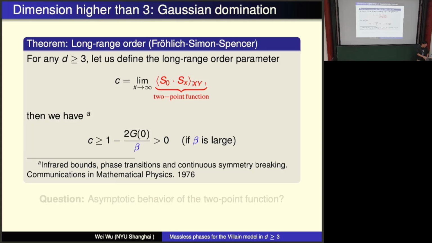So this G0 is just the Green's function for simple random walk in Z^d, which is in fact a finite quantity when dimension is larger than or equal to 3. And therefore, when beta is large, we see that this has a lower bound which is uniformly positive. Okay, so that's the long-range order for the XY model in dimension 3 and higher.